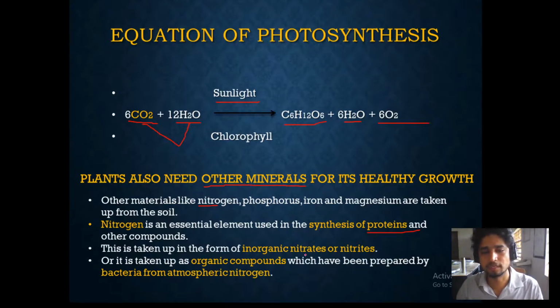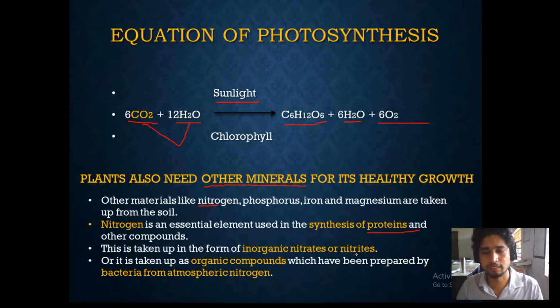Inorganic nitrates, if you remember, organic compounds are usually derived from living organisms, and inorganic compounds are usually derived from non-living things. So inorganic nitrates are present in the soil.